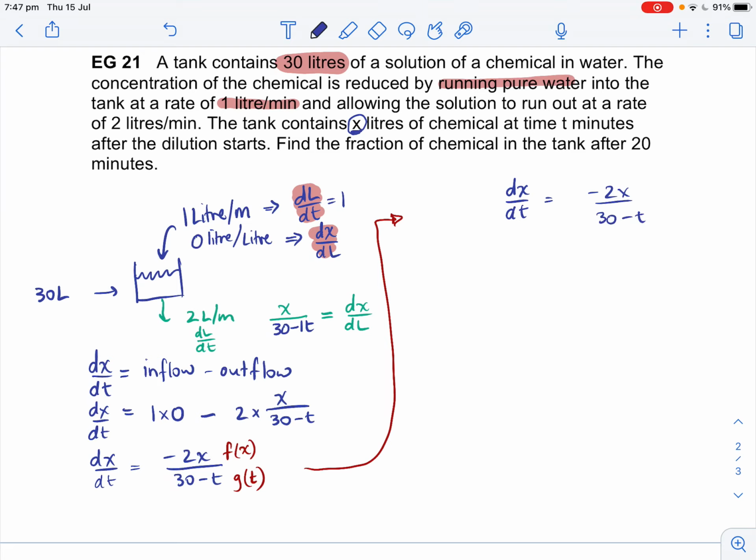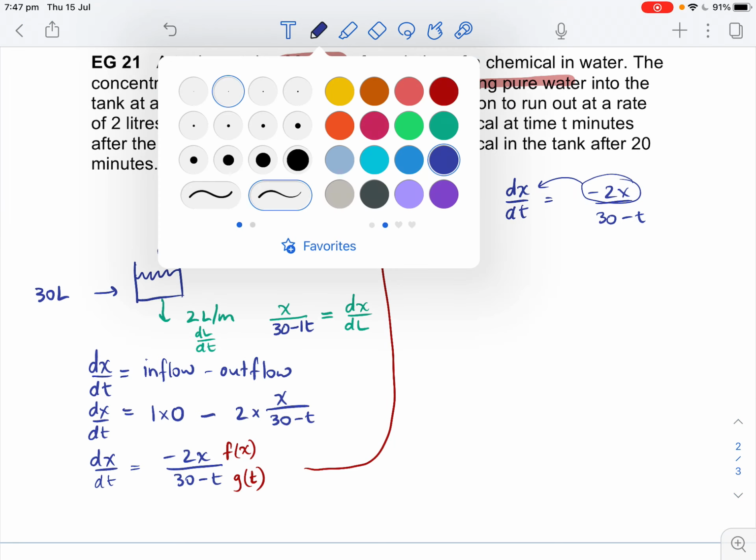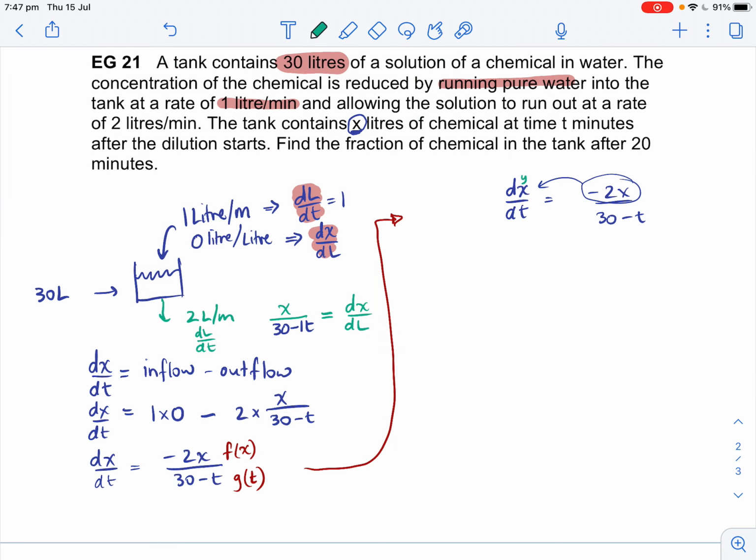I want to put the 2x over with my integral, because in this case, like before, that x is actually the same as what was y in the previous problem. That is like y in my previous problem, and that is like x in my previous problem. I know they're not x and y, they're x and t now.